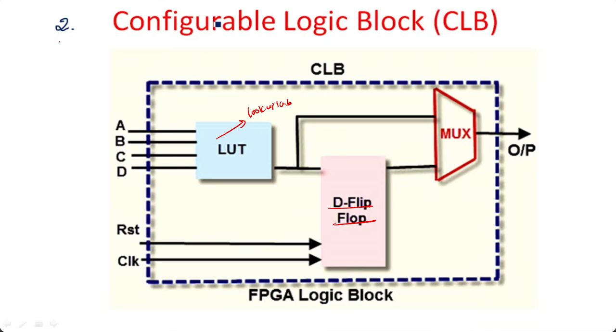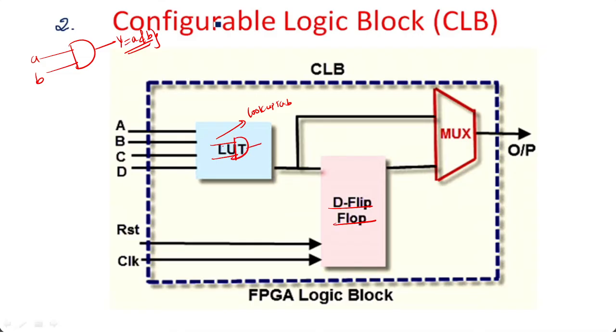Lookup table means, suppose you want an AND gate, what will you do? You will write the Verilog code or VHDL code, generate the bit stream, and load it into this FPGA. Then in this lookup table, an AND gate like structure will form.